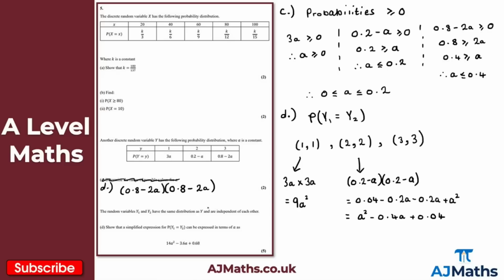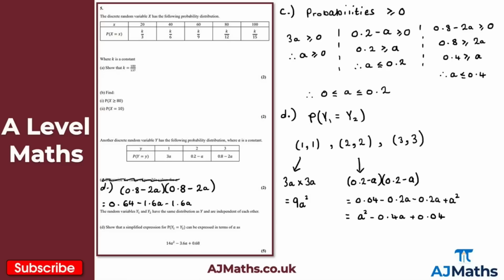So now if we expand these double brackets here, 0.8 times 0.8, that will give me 0.64. We've then got 0.8 times minus 2a, that would give me minus 1.6a. Then again here, minus 2a times 0.8, minus 1.6a.